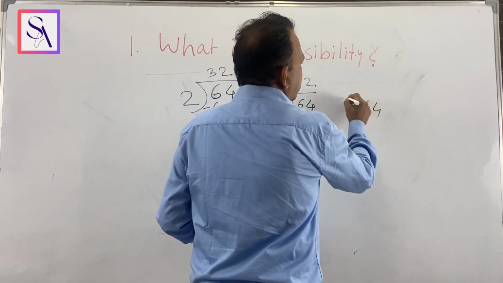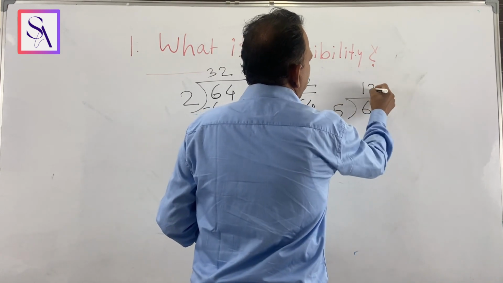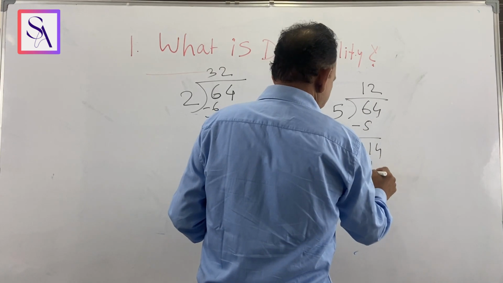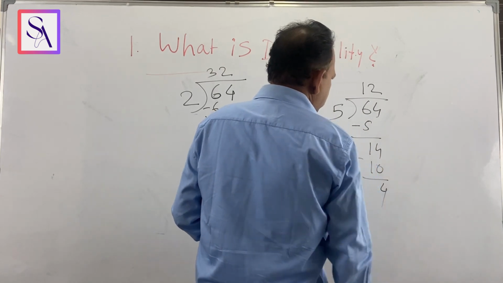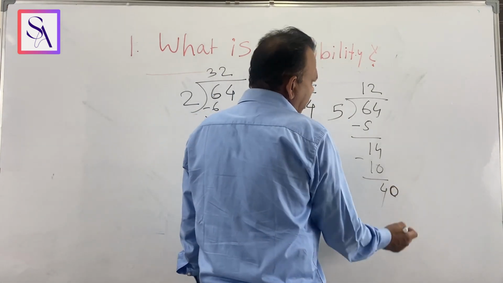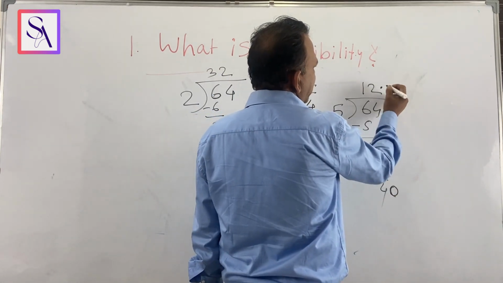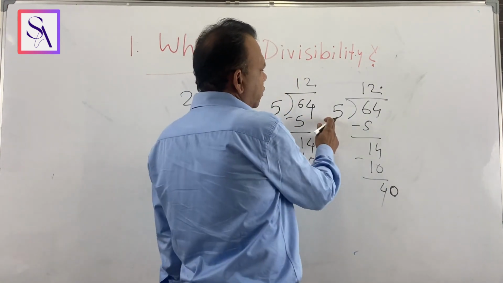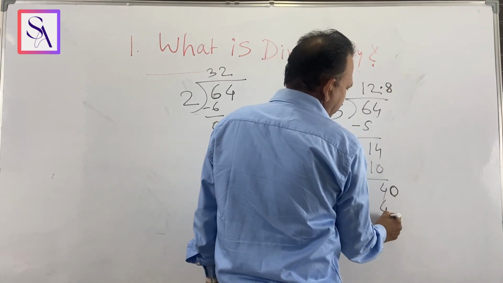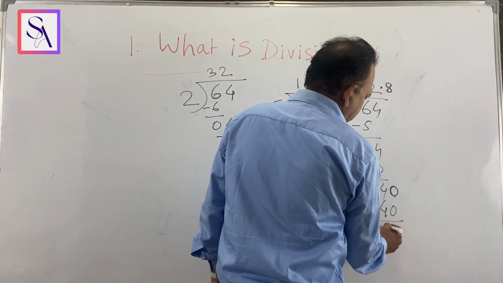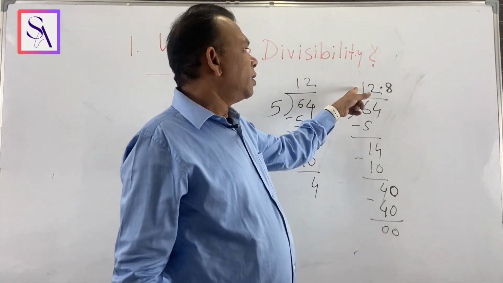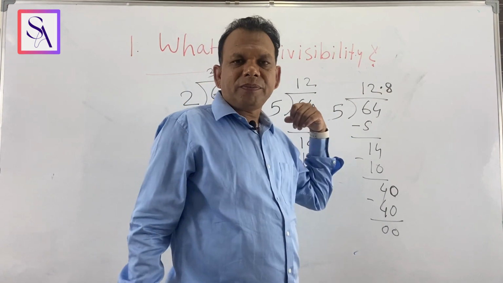How? 64 divided by 5, 12 is there. So how are we going to solve it further? We can take 0 here. If I take 0 here, then I have to put a decimal here. So 5 eights are 40. Now remainder came 0, but the quotient came in decimal.